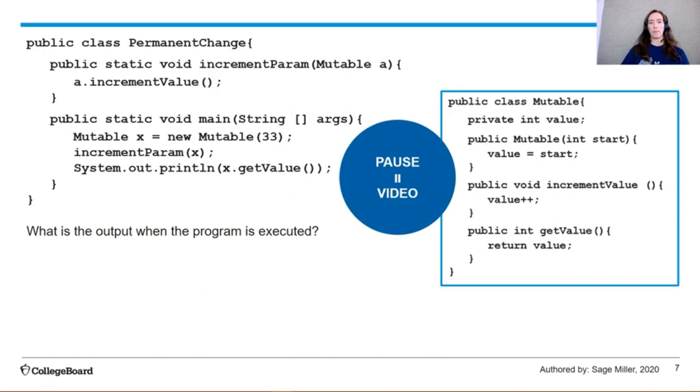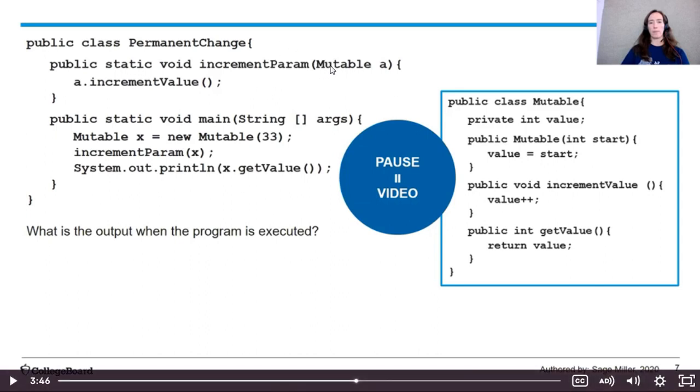Drake? So you make a mutable with a value of 33, and then you put it into the increment param method up here, which then puts it into the increment value method. And it calls it a here, but that's just another name for the same thing. And it's that a number, which is still 33, goes in the increment value method over here, which does 33 plus plus, which is 34.